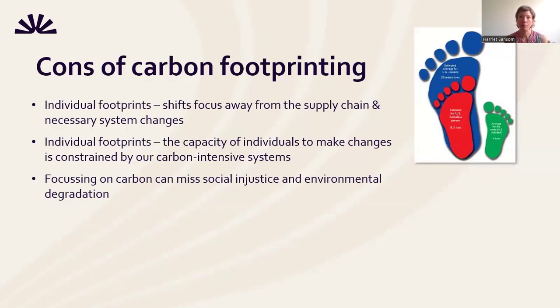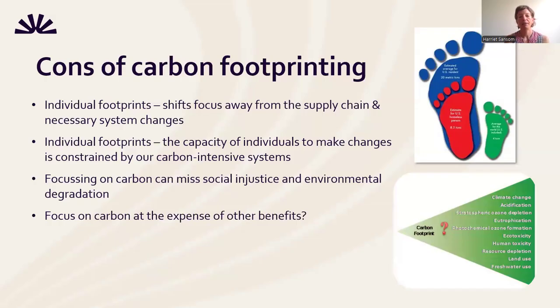There are offsetting programs that are increasingly running the risk of delivering programs at the expense of local livelihoods, especially in the global south. And then on the flip side of that is the fact that potentially by focusing on carbon, you do so at the expense of the potential of other benefits.